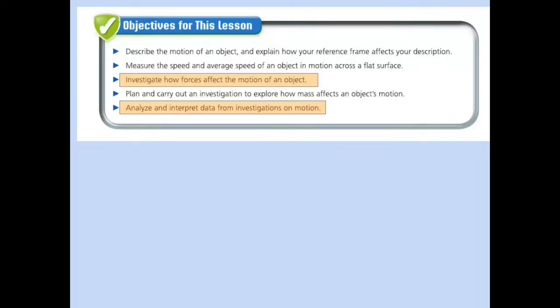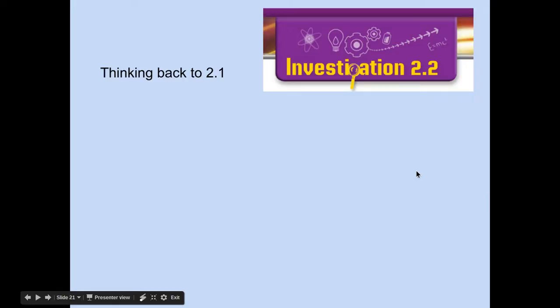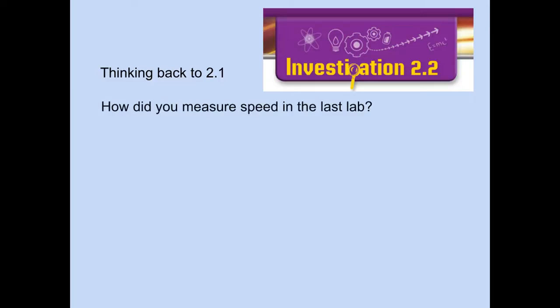We're going to be looking at investigating forces, how they affect the motion of an object, and analyzing and interpreting data from motion. So that's what this lesson is going to be about on 2.2. Before we start 2.2, we want to think back to 2.1, which was on Monday and actually last Friday, so part A and part B. And we want to think about how you measured speed in the last lab.